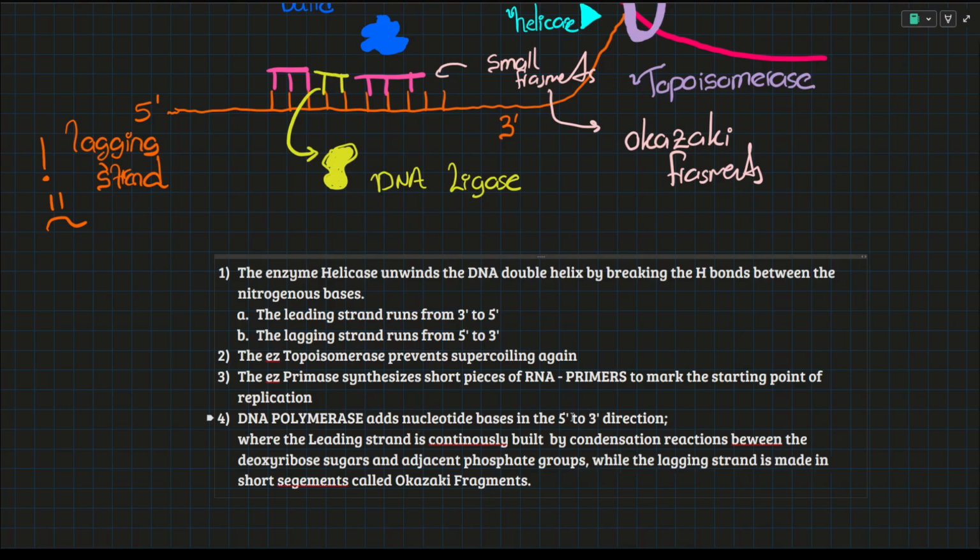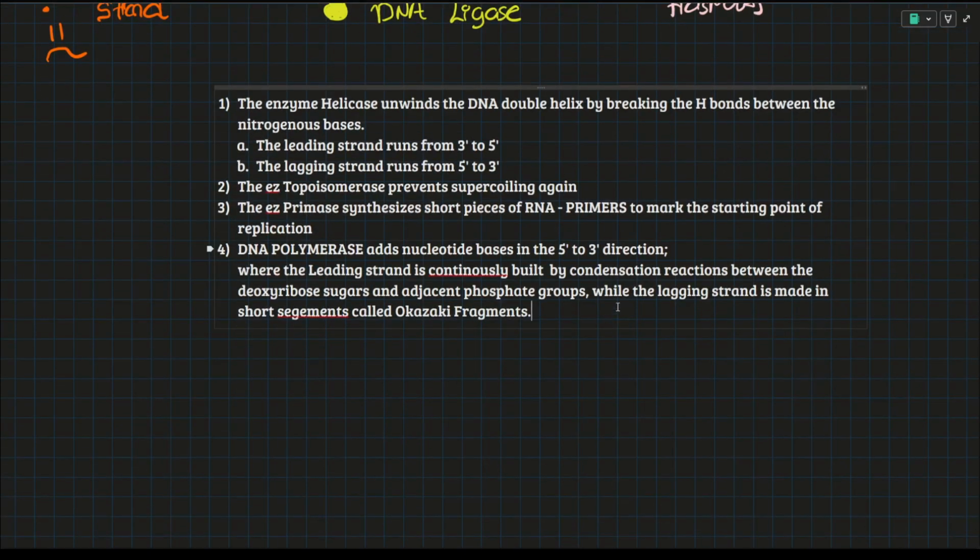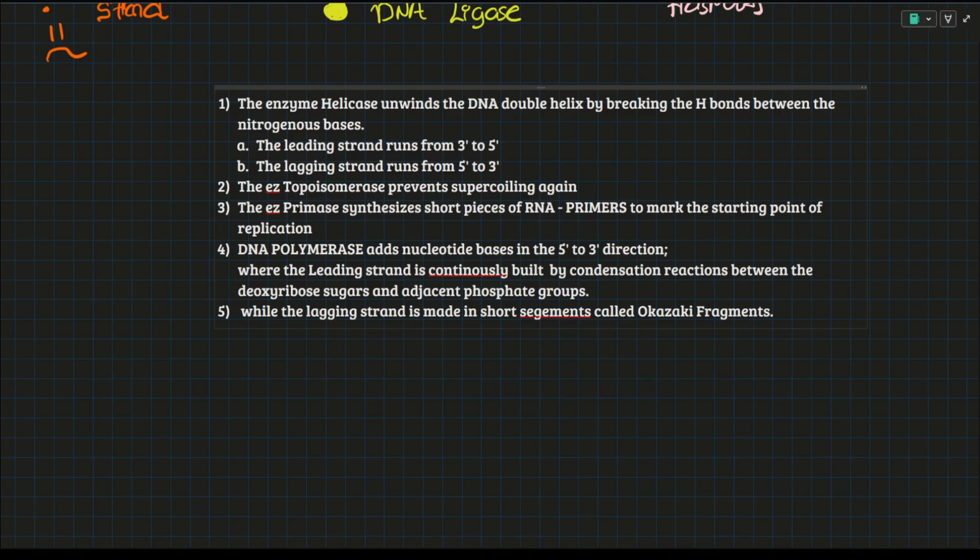While the lagging strand is made in Okazaki fragments. Let's actually do something like this. Hold on. Let's move that to a completely new point. While the lagging strand is made in segments, called Okazaki fragments.